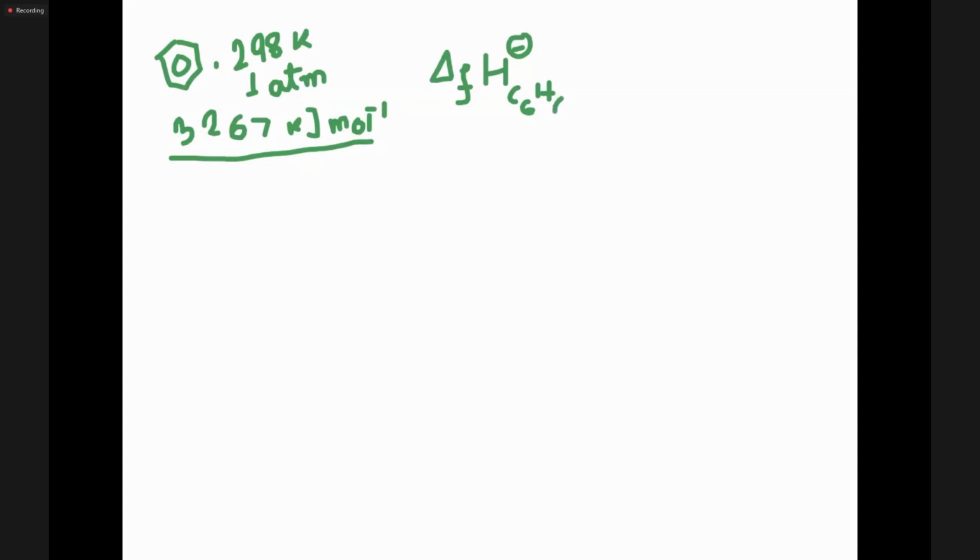We'll denote benzene as C6H6. So this is actually required from the reaction. And the things that are given to us are the standard enthalpies of formation of CO2 and water.